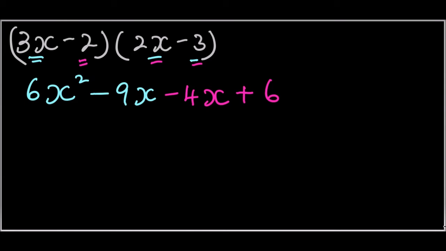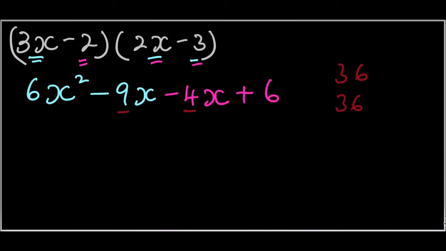So you note that we have these two numbers here, minus 9 and minus 4. If we multiply 6 by 6, that gives us 36. So what about these two numbers? If you multiply minus 9 by minus 4, it will also give us 36.